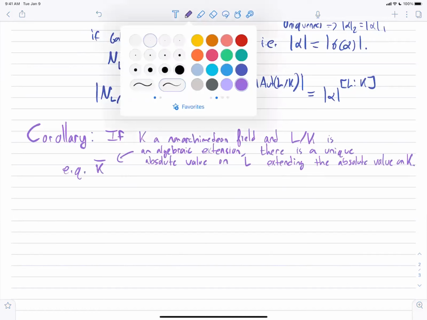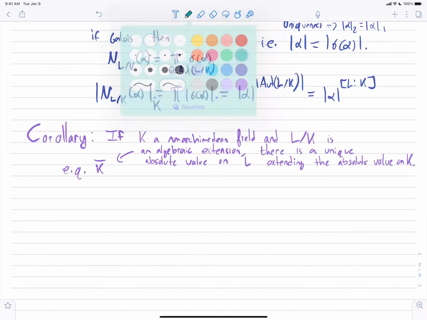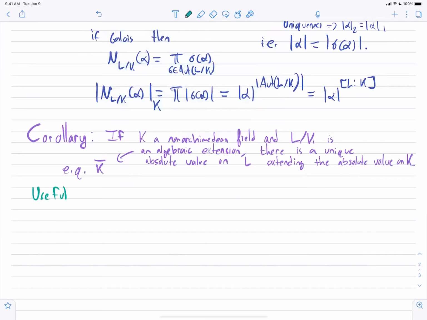This is particularly useful because this corollary, or alternately the theorem before, tells us it makes sense to talk about the absolute values of roots of polynomials.